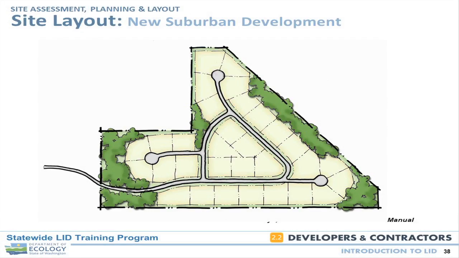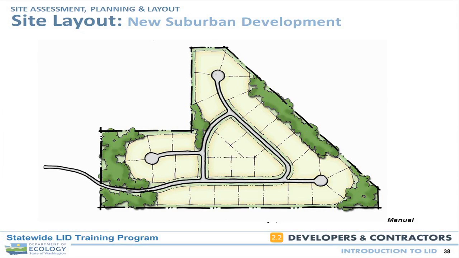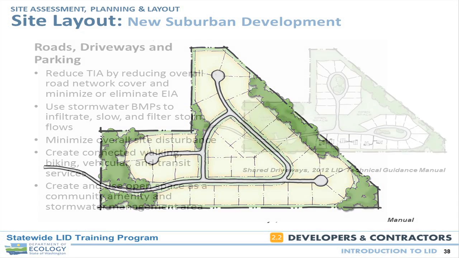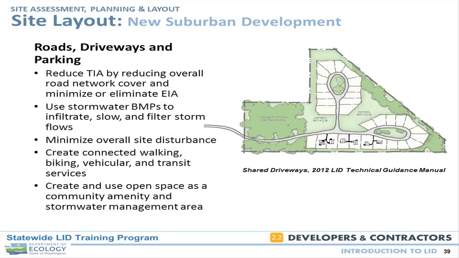How this looks in some particular types of development. The examples that we've talked about prior to this have been predominantly suburban, mid-low density development that looks similar to this. So one of the things that we talked about was roads, driveways, and parking. So strategies that could be used to reduce impervious area, cluster development, increase usable open space, and decrease site disturbance.